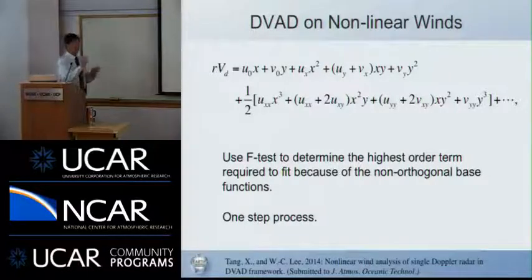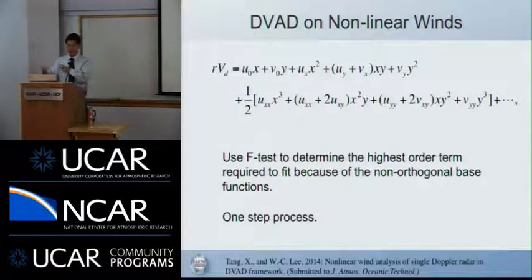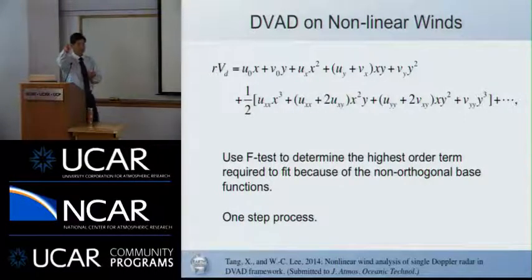So let me recap what has been said so far. In the single Doppler wind retrieval technique, there are basically two types of approach. One is to do a sine cosine Fourier coefficient expansion or the polynomial expansion, either centered at the radar or centered somewhere else away from the radar.